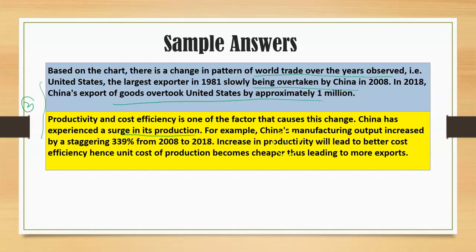Basically the student is talking about the productivity point, that China is becoming an industrialized country, and therefore its productivity level is higher, so its products can be cheaper because it achieves economies of scale. So that's how you should be answering a data interpretation question. When you get the data, tell the examiner what you see in the data, then answer the question.